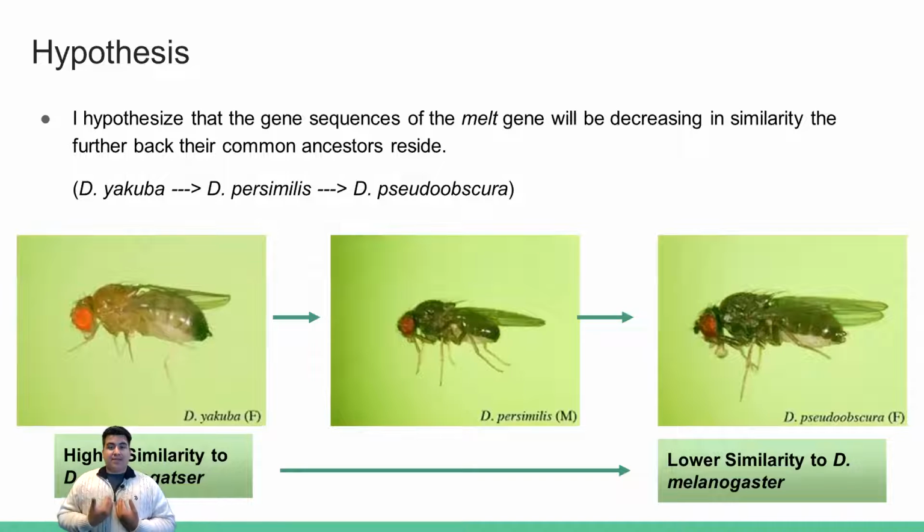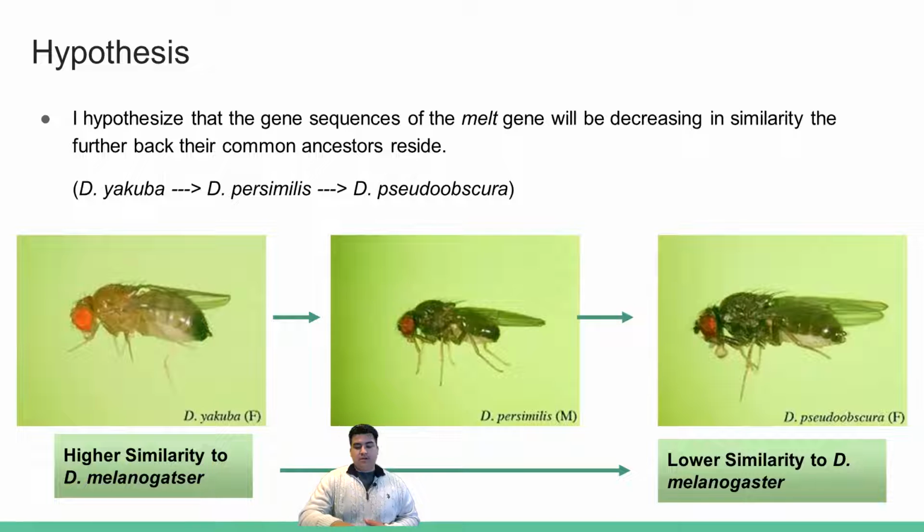And so my hypothesis in this experiment was looking at the relatedness of the MELT gene to the parent species of Drosophila melanogaster. And so here I have a few images that are showing the relatedness of different species.